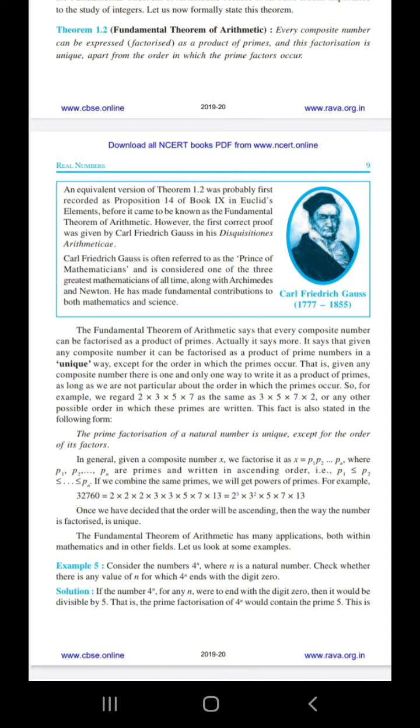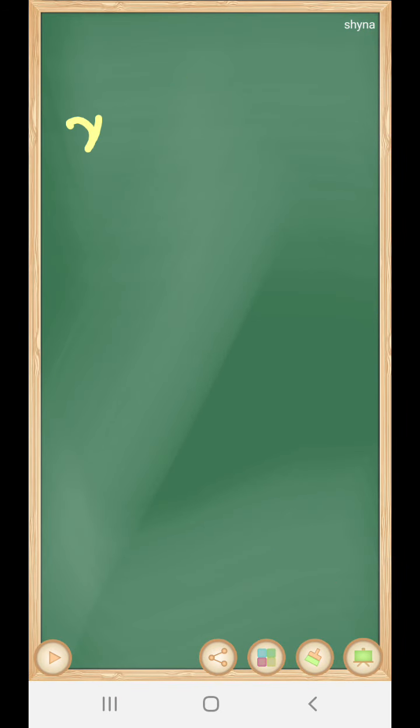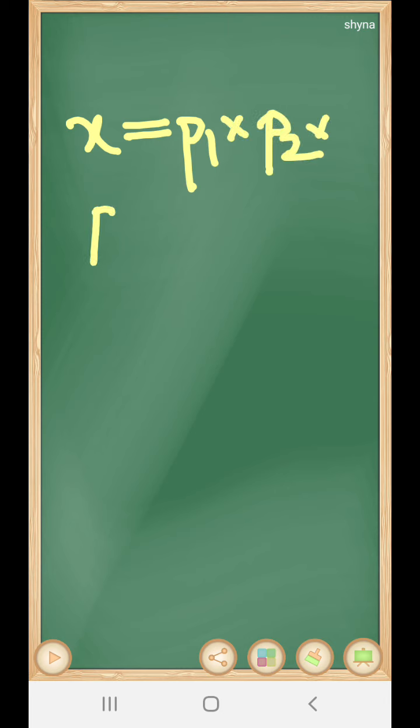Given a composite number x, small letter x, we factorize it as x equal to p1 into p2 into p3 into etc. pn.